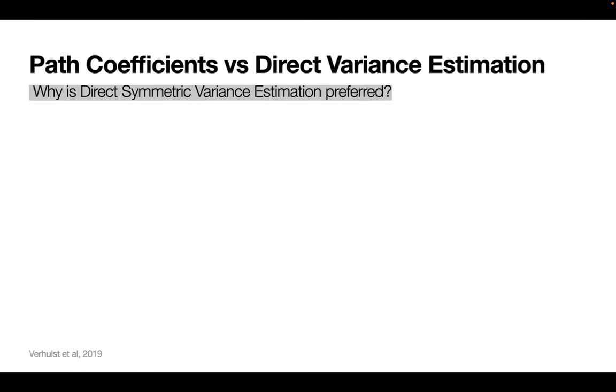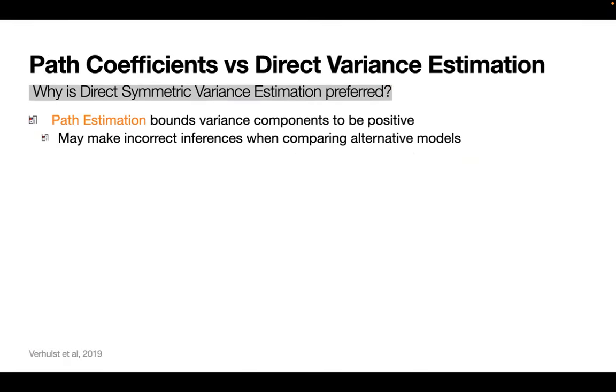This leads us also to talk a little bit more about the difference between the specifications of the model in terms of path coefficients and direct variance estimation. If you've read papers from a couple of decades ago, most of those would have used the path coefficients approach, which bounded the variance components to be positive, because we don't really expect a variance component to go negative.